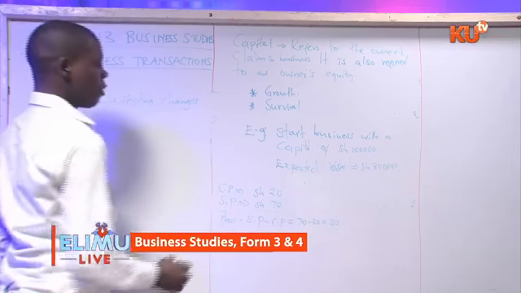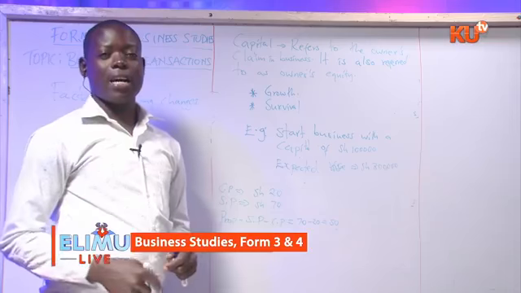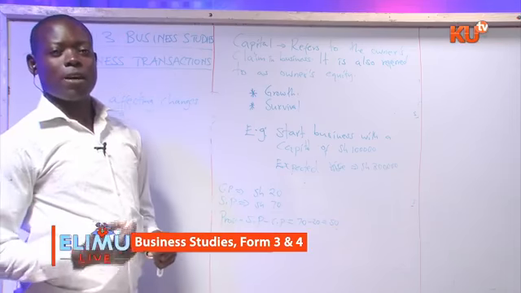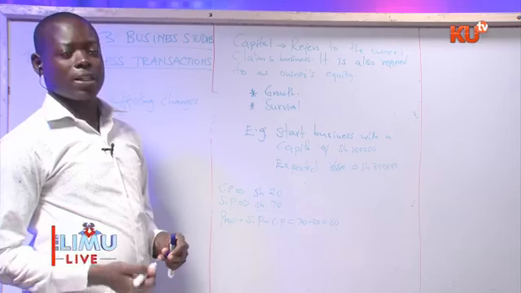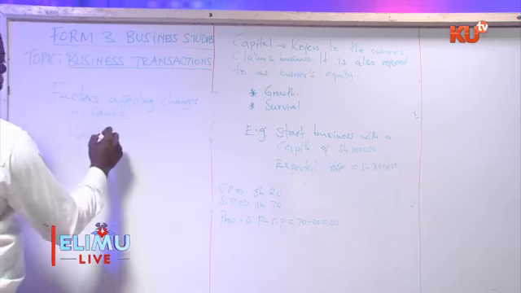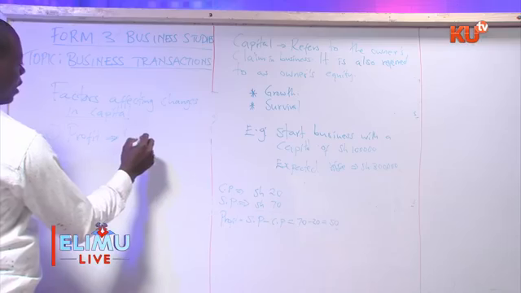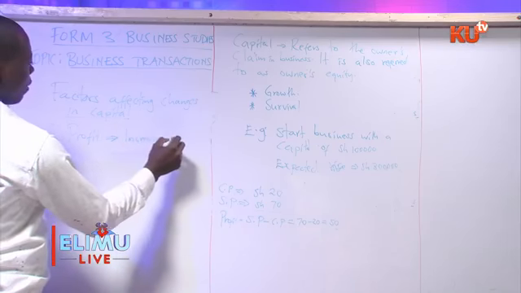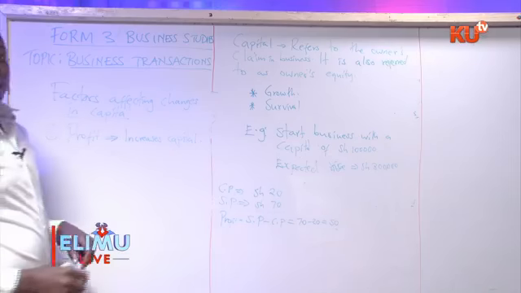Good. That's what we call profit. Therefore, profits are gains that are made when a product is sold for more than the cost price. And this profit has an effect on capital: it increases capital. So profit increases capital. Good.